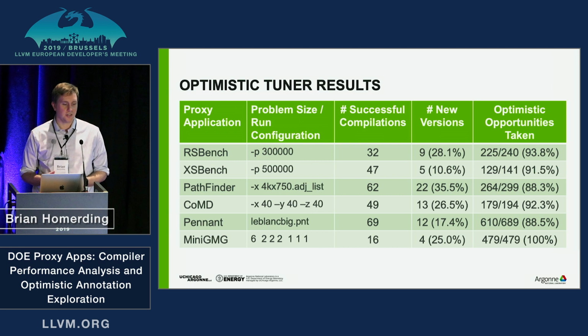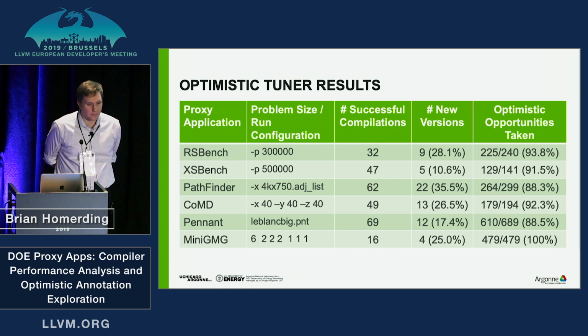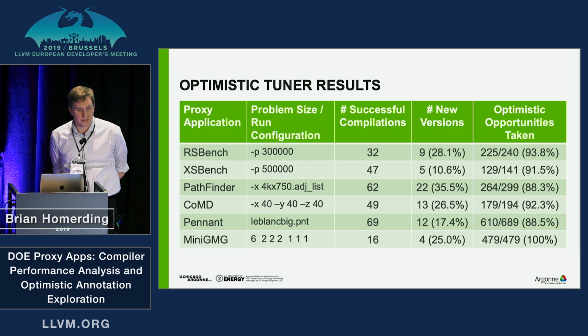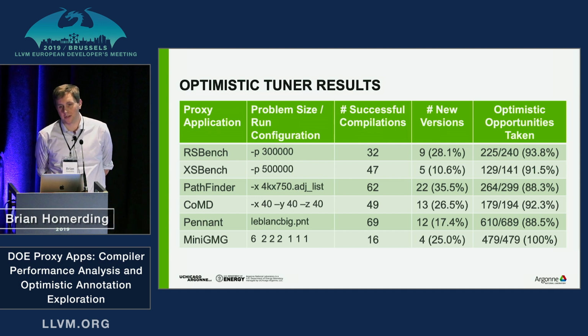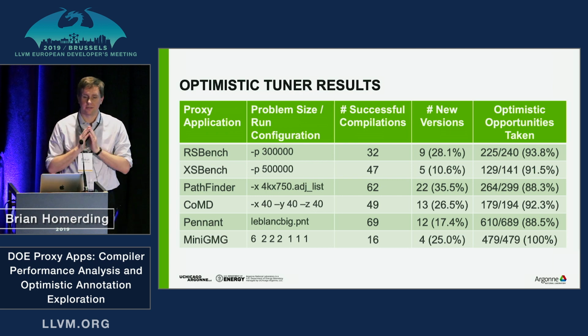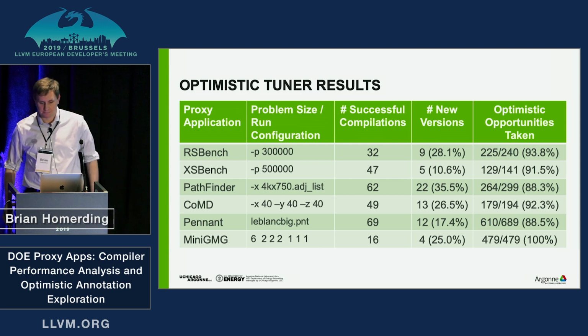So this does result in quite a few new versions, but not that this information is constantly making a difference in the compiler. And then the last column, optimistic opportunities taken. This refers to our total list of places that we can add information and how many times we were able to add some optimistic choices that did not break the build.